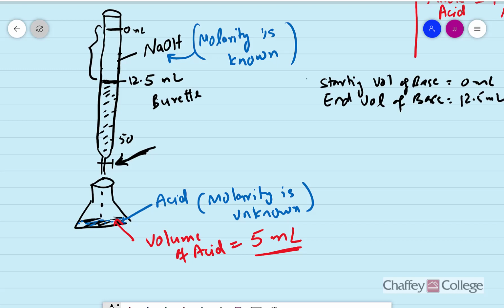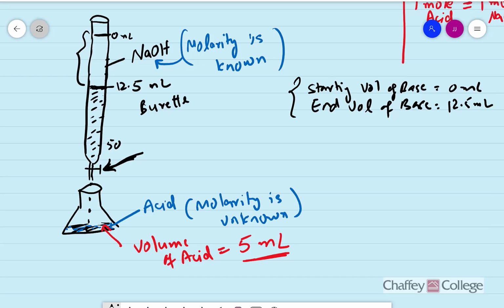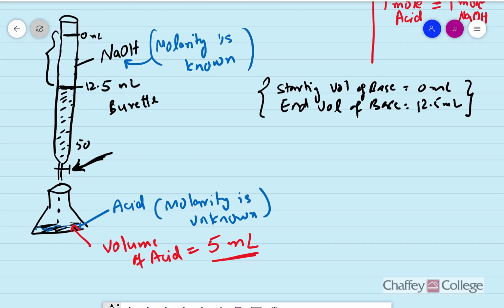So the total amount of base added was the difference between these two values. So the total volume of base added was 12.5 minus 0, and it will come out to be 12.5 ml. Now how do we know that the acid is completely neutralized?